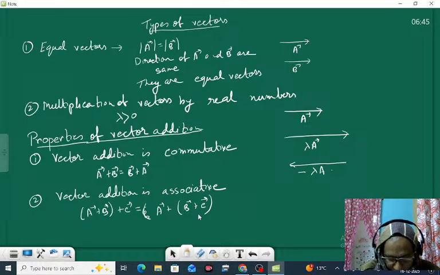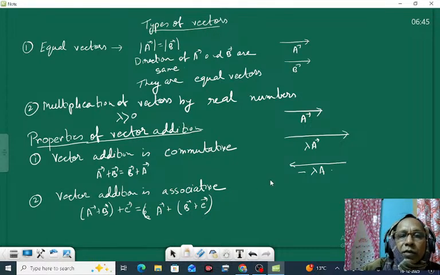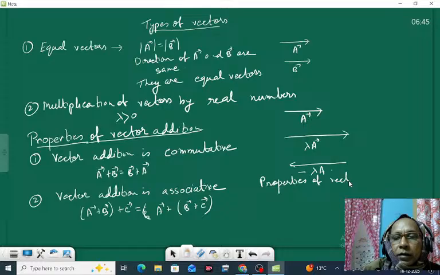But in case of subtraction, these two laws don't follow.